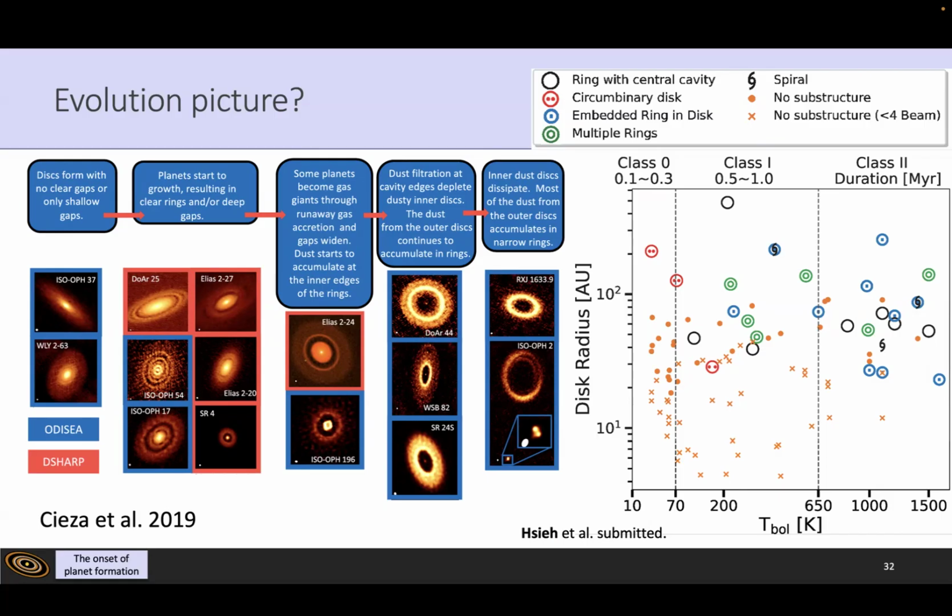If this picture is true, we should see the young multiple rings on the left, followed by the embedded ring in disk, and then the ring with a central cavity should populate on the right, being the most evolved systems. But that's not what we're seeing with our data.